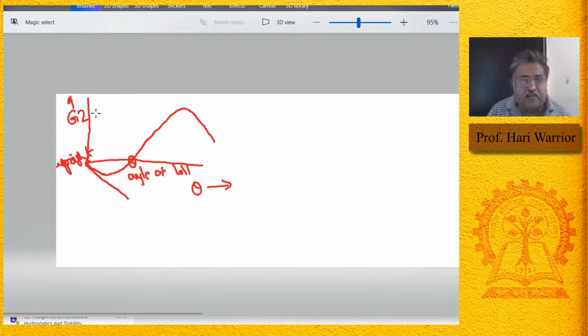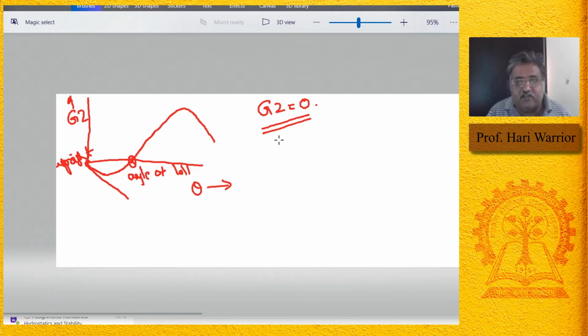The angle of loll occurs when GZ is equal to 0. GZ equal to 0 produces two cases: the upright condition, and an angle of loll where the ship is stable again. So these two can be found by putting GZ equal to 0.